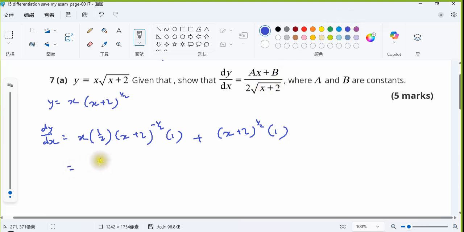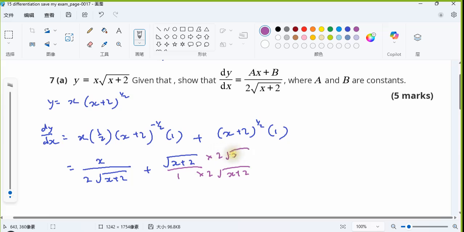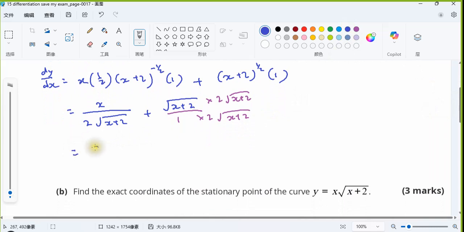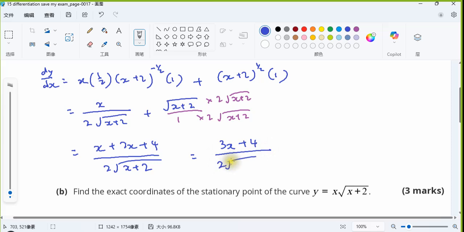So this is x over 2 square root of x plus 2, plus square root of x plus 2, so we have times 2 square root of x plus 2. So this will be x plus 2x plus 4 over 2 square root x plus 2. Then it will be 3x plus 4 over 2 square root x plus 2.